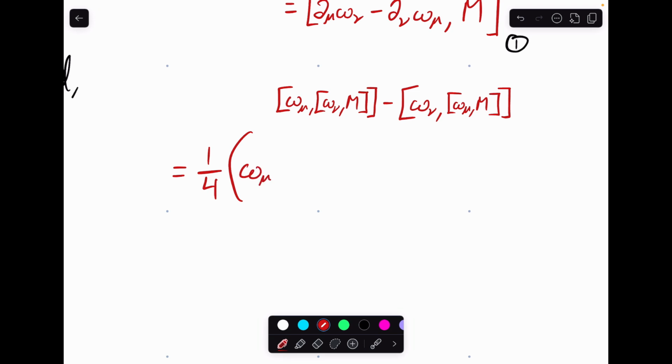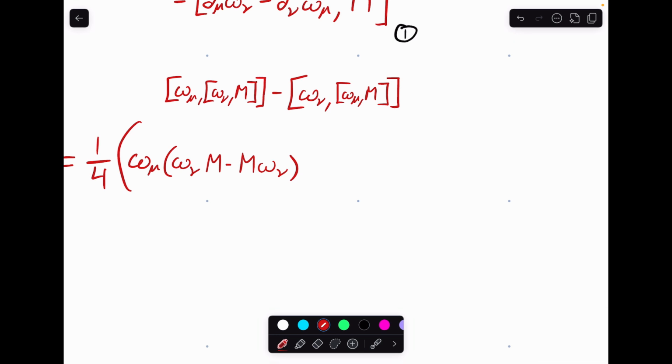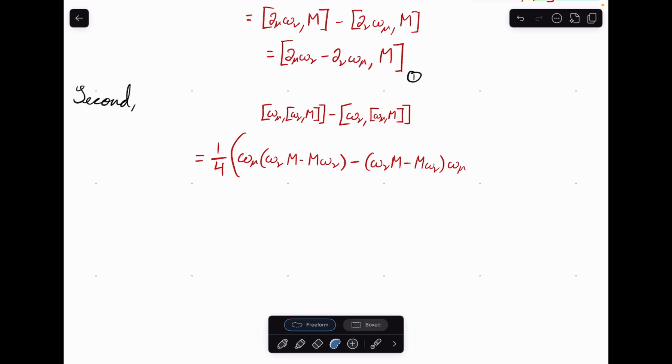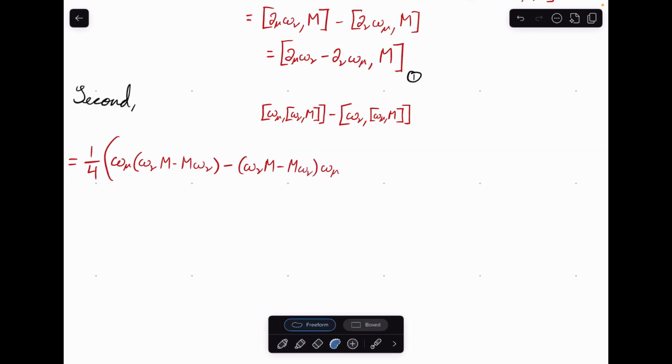So omega mu of the entire commutator of omega nu m minus m omega nu, then minus omega nu m plus m omega nu omega mu. So that's the first term.